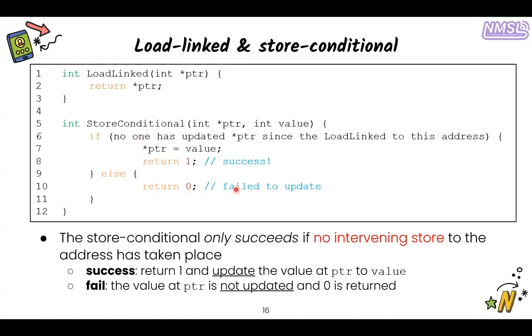Otherwise, 0. So what this does is, it only succeeds if no intervening store to the address has taken place. So it hasn't changed, it hasn't been updated. So you return 1 and update the value if it's a success, otherwise it's not updated and 0 is returned.